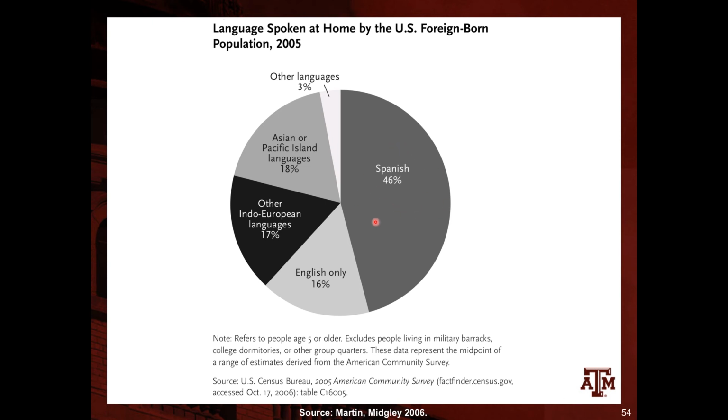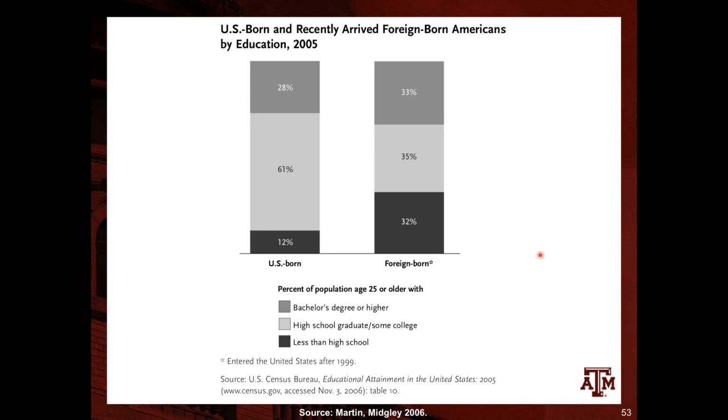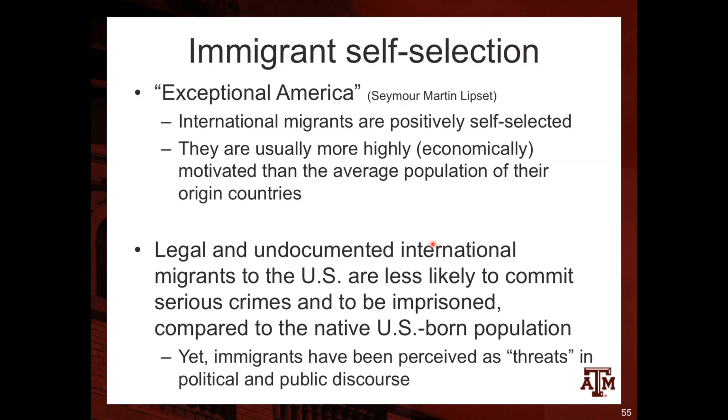Although we saw in the previous graph that the educational attainment of the recent foreign-born population is lower than the US-born population, we also have to consider that international migrants in the US are positively self-selected.